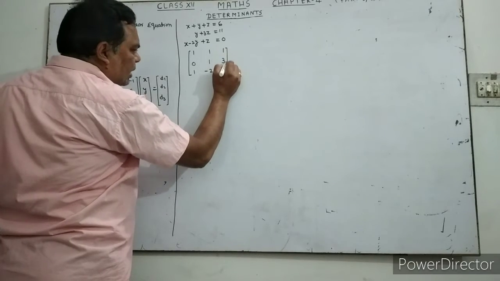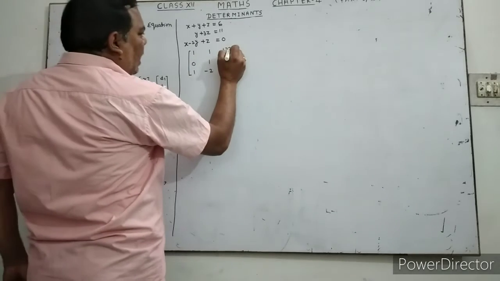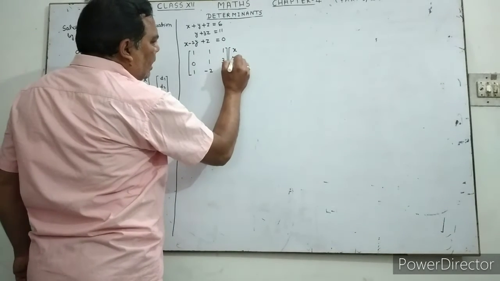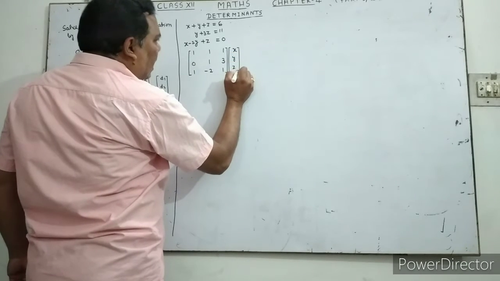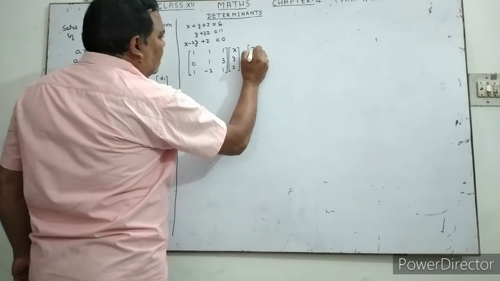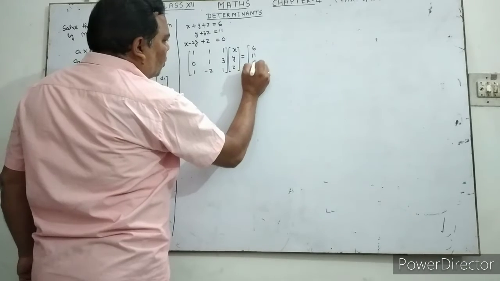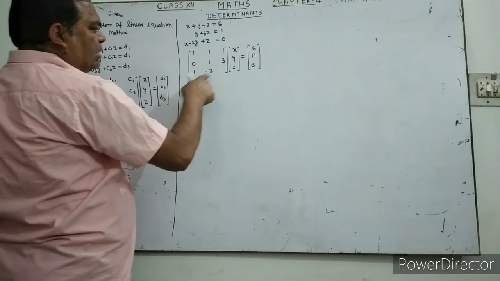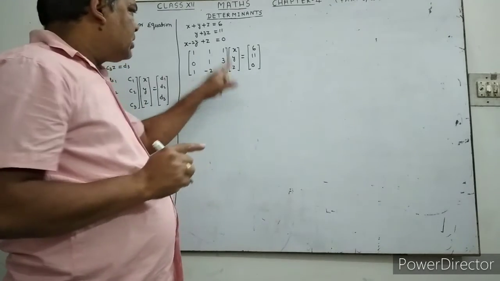This is the matrix A. And X, Y, Z is the matrix X, and B. What is the value of B? 6, 11, 0. Now this is A, this is X, and this is B. AX equal to B.